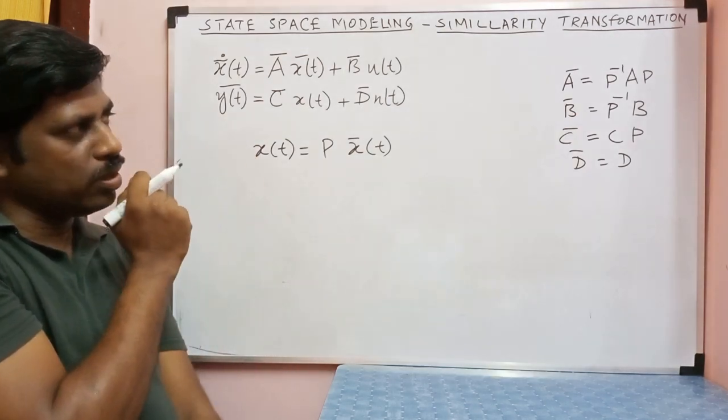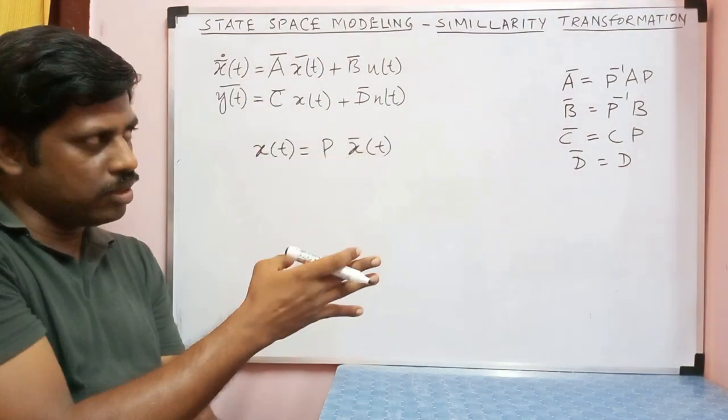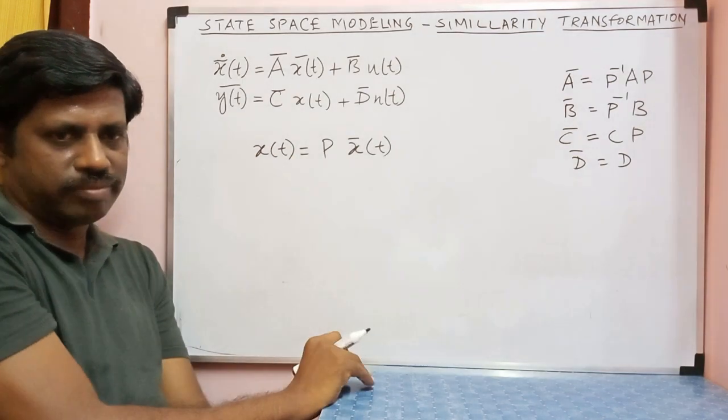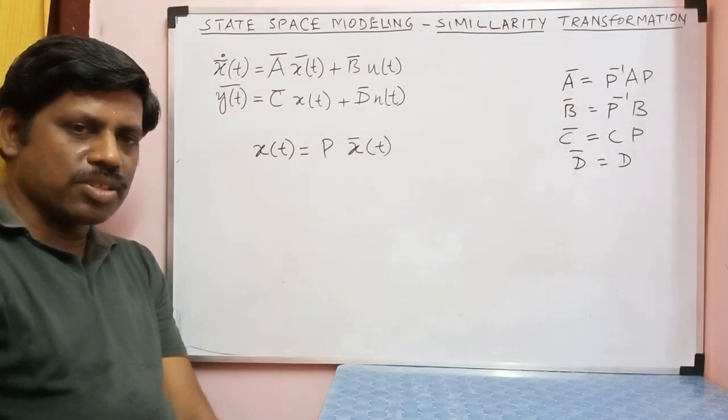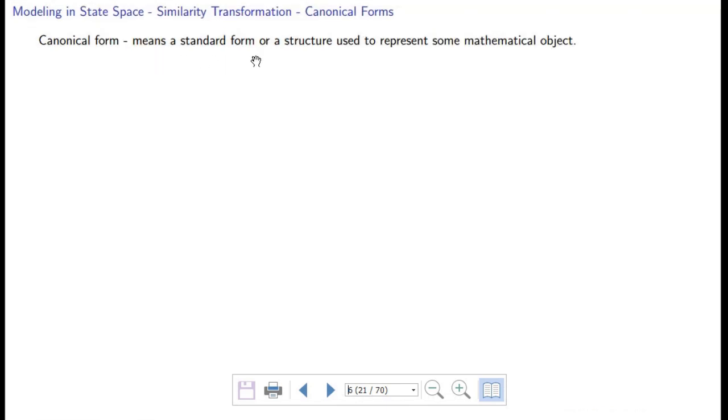So now it is time to look into what structures I will be able to get from this transformation. These structures we are going to call canonical forms. Canonical form means that there is a standard form which you can use to represent mathematical objects.